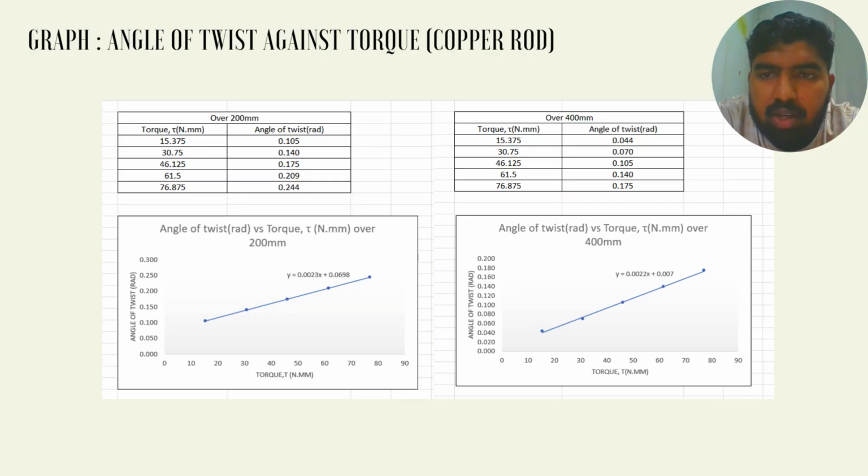For the second graph part, we've got angle of twist against torque, but this time for the copper rod. Similarly, we've taken the data from table 2, which is correlated with the copper rod's data, and the gradient over 200 millimeter is 0.0023, and over 400 millimeter, it is 0.0022.